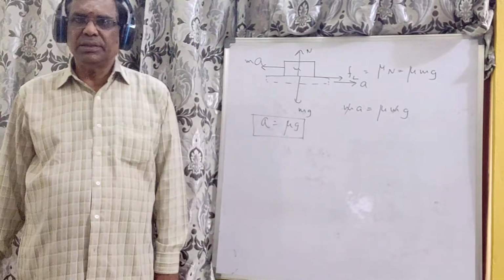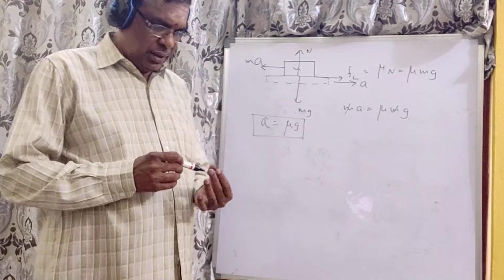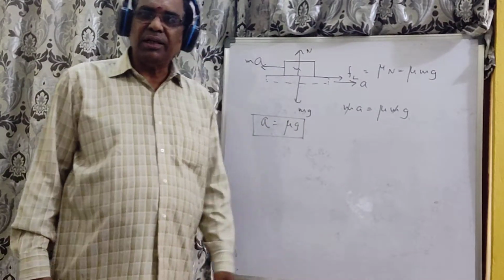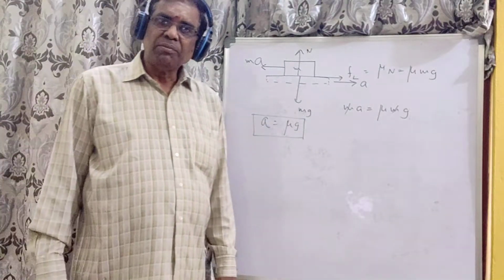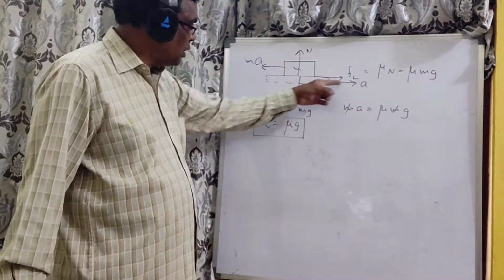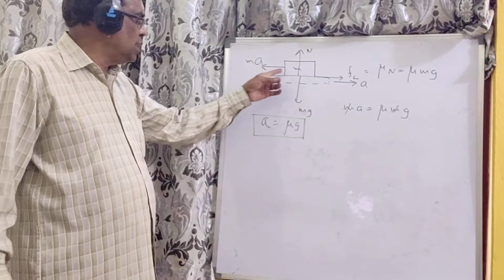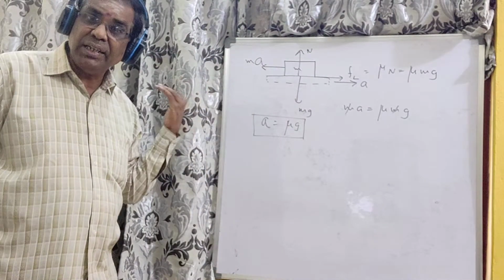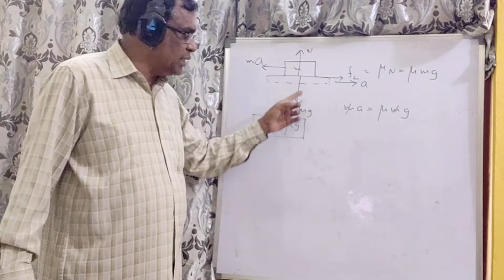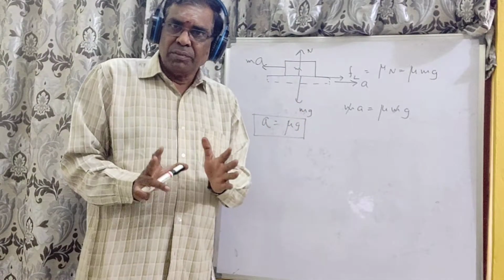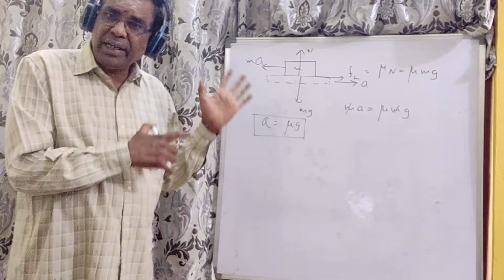This is the point. I want you to be careful here. If you subject that lower body to an acceleration of mu g, then the body begins to slip. I am going to discuss a 2-body system separately, so I'm not going into the complications right away.